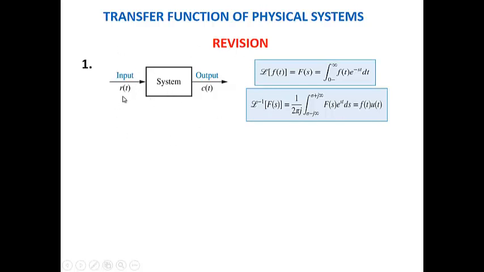which is we have an input which represents R(t), and also we have our output which represents C(t), right? And the inside of the system we call a block diagram.